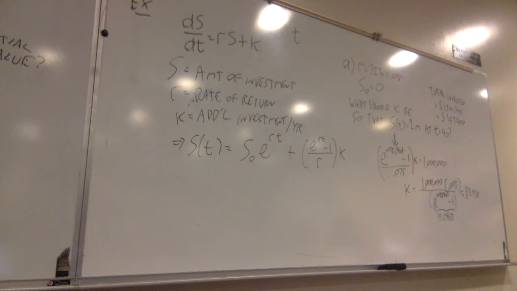So if you get that rate of return per year, 7.5%, this amount will be worth $1 million after 40 years.